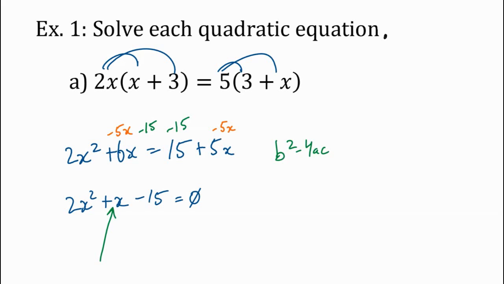The coefficient of the x term. A is 2. C is negative 15. I think we kind of get that by now. And it should work out, I believe, to 121. Did anybody check that? That's what you got. Very good. Therefore, we can factor.